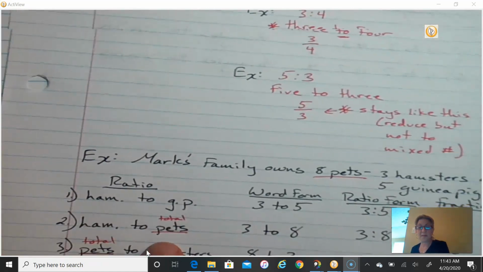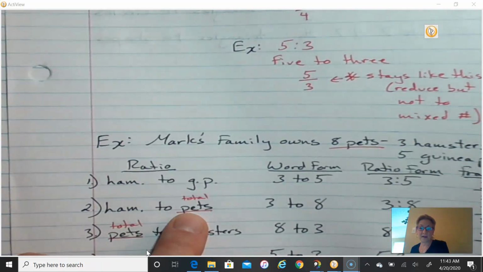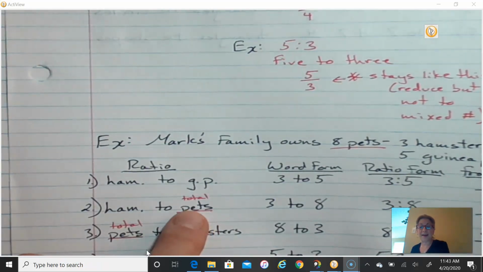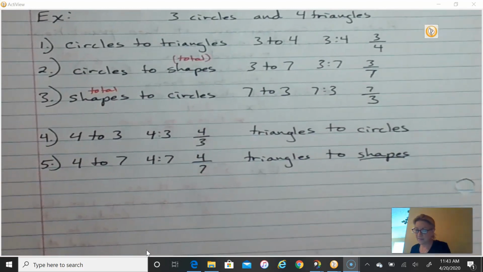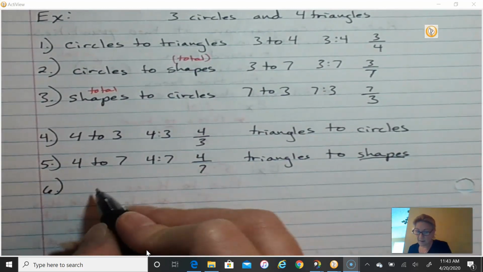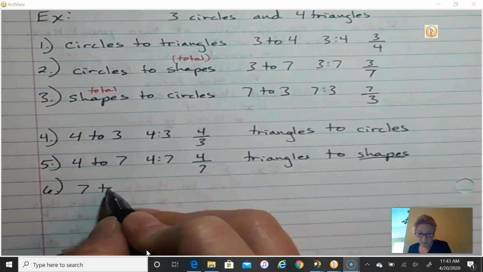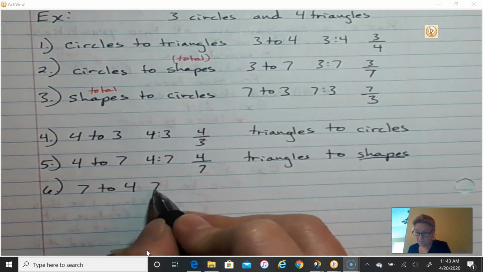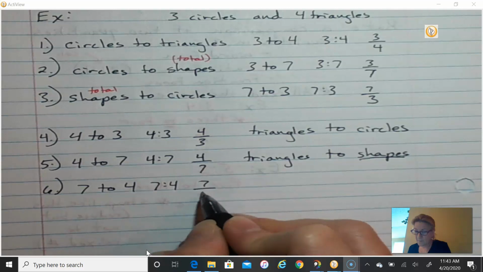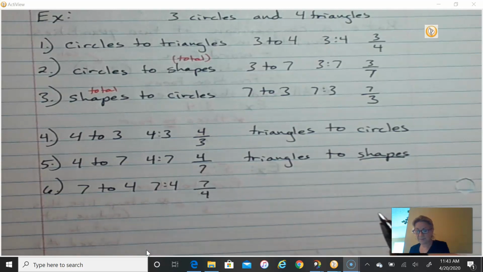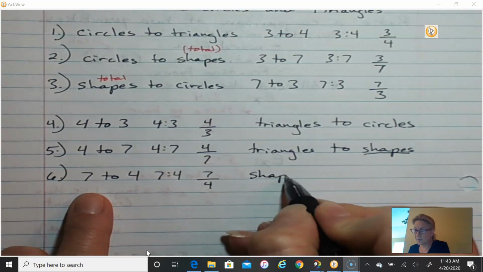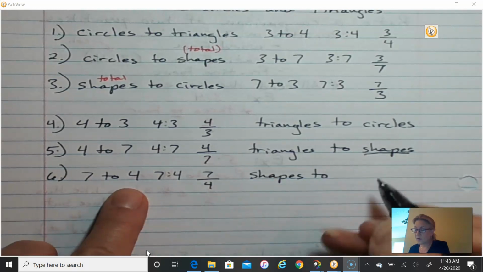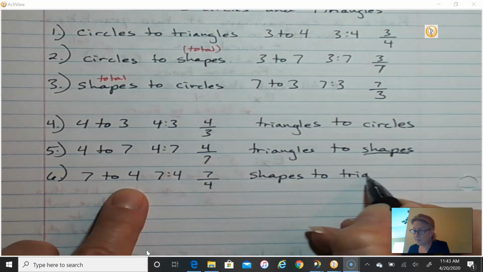Or like right here, it was pets, okay? They're referring to the total, but you need to write pets. It's appropriate. 7 to 4. And what would this be? Again, 7 is going to be that total, but we're going to write shapes to triangles.